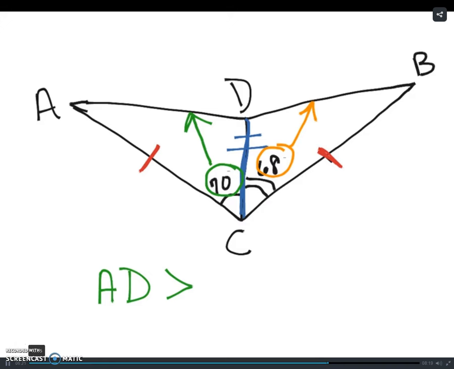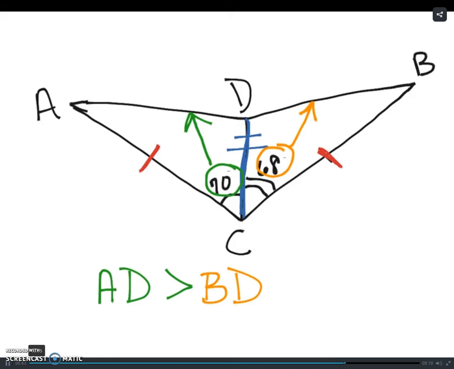So AD is bigger than BD. And the order of those doesn't matter. If you had called them DA and DB instead, it would still be fine. No problem there. So we know that side AD is greater than the side BD.